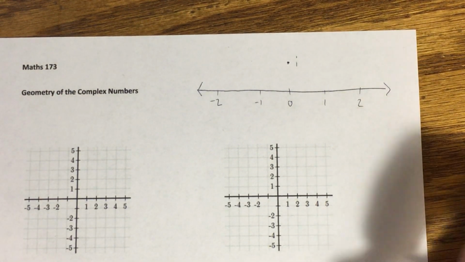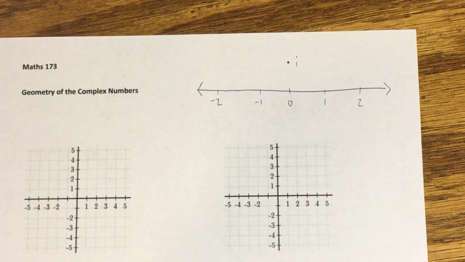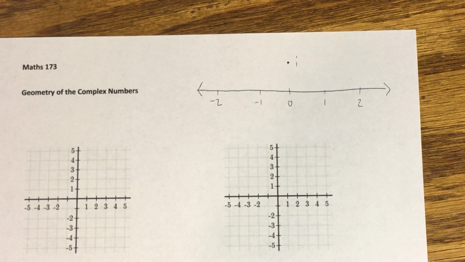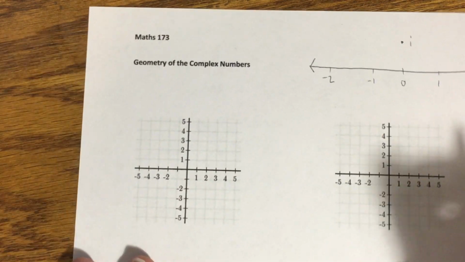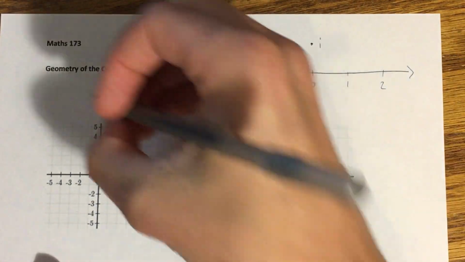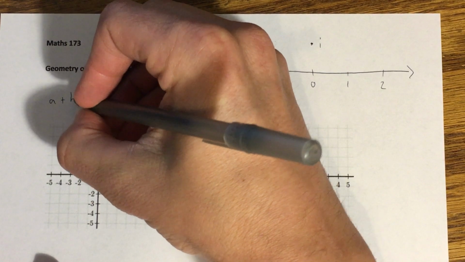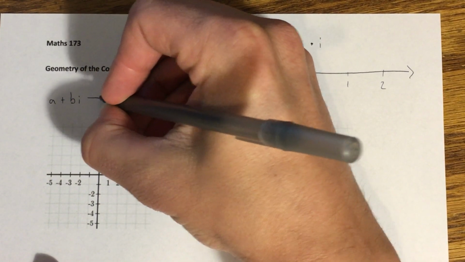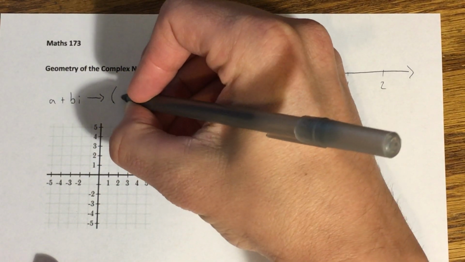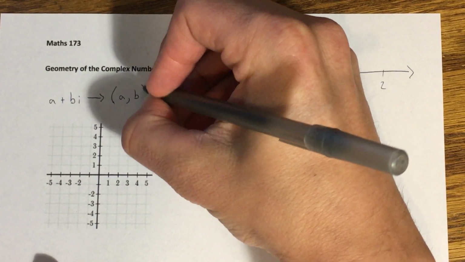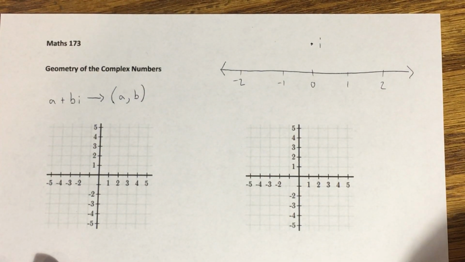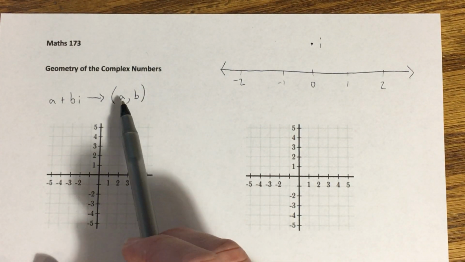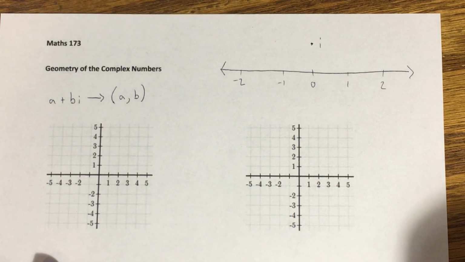So how do we make sense of this if we want to visually represent all complex numbers? The trick is to take a complex number of the form a plus bi and associate it with the ordered pair (a, b), which means we can plot these things like points in two-dimensional space.